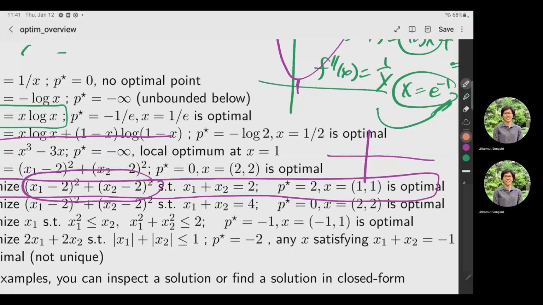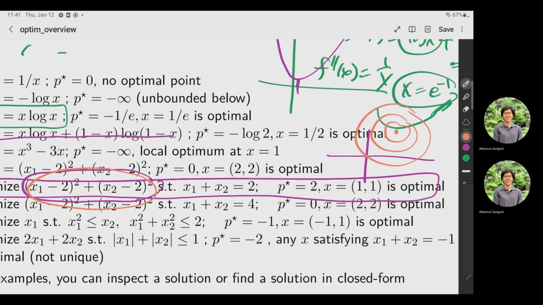The orange function is the objective. It is actually a circle, center at (2, 2). But you don't know yet how big it's going to be. Do you prefer the level set to be big or small?